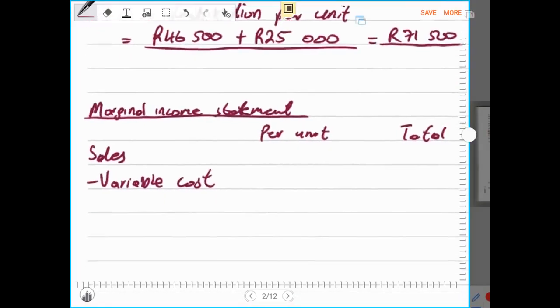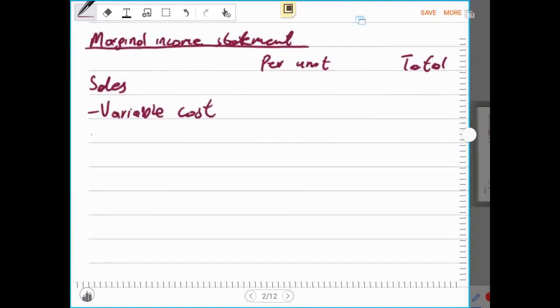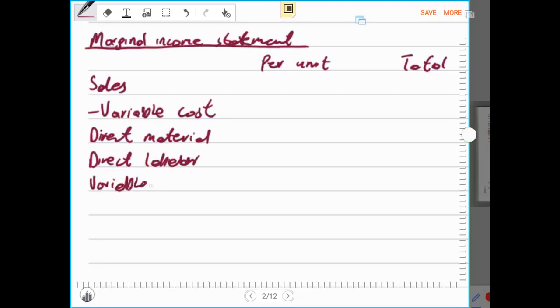And our variable cost, we know that it is made of the direct material, because direct material is a variable cost. Direct material. And we also know that there has to be direct labor. Then we also know that there was variable manufacturing overheads.